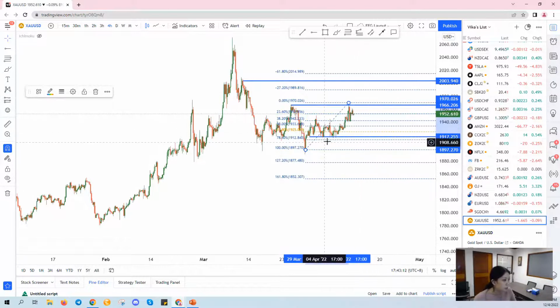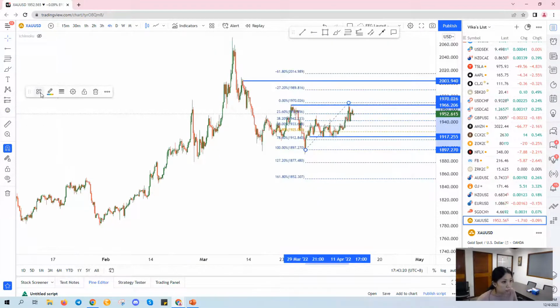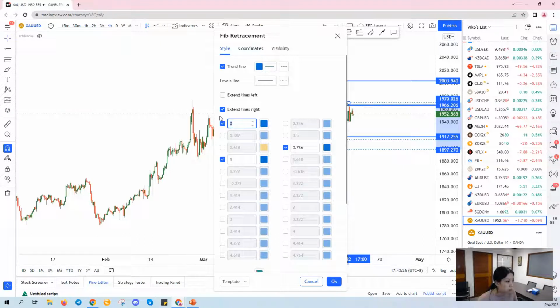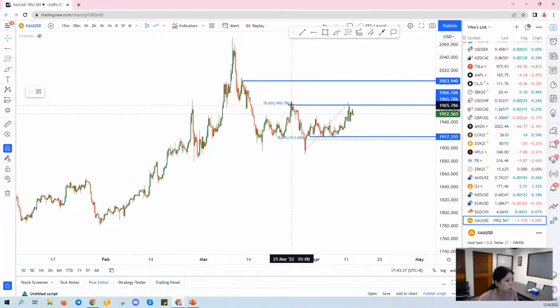Okay, I've seen there's a 78.6% here. This is quite a good level. Okay, you can see there's another Fibonacci extension.